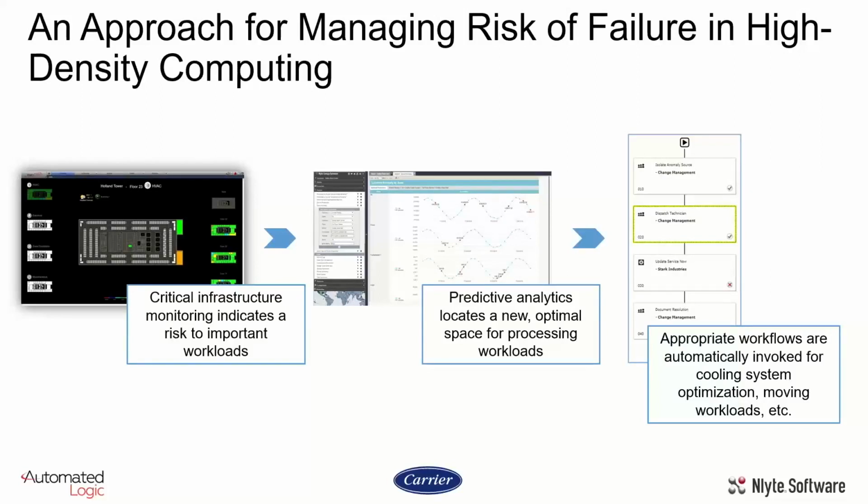So what I wanted to do here is illustrate an approach for managing risk of failure in high density computing. First, with just a few images, we've condensed a very complex and integrated landscape. On the left-hand side of the screen, we're looking at a screen from WebCTRL, a leading building automation system.